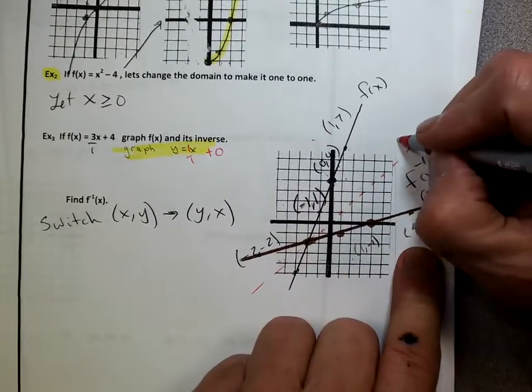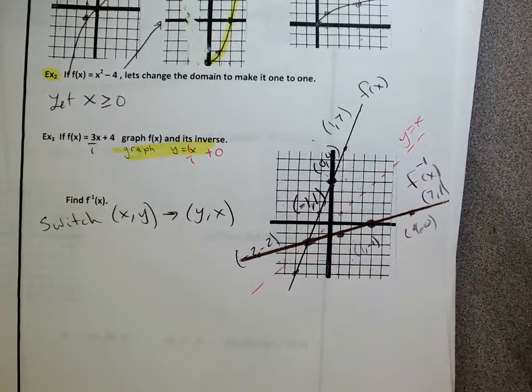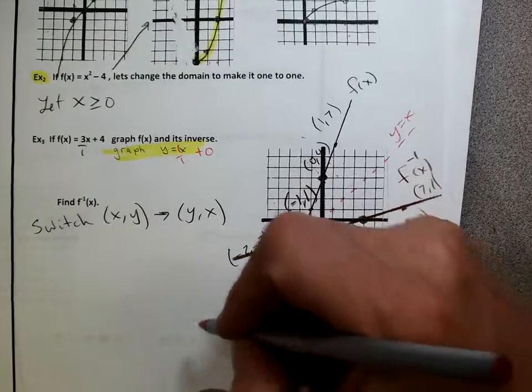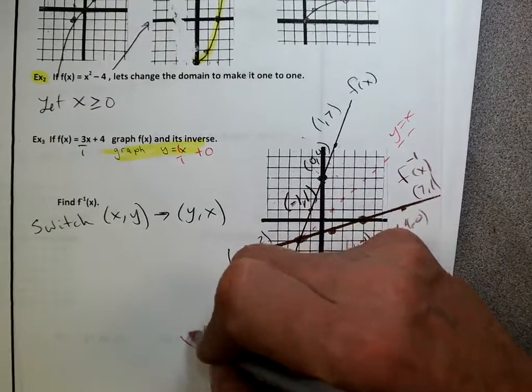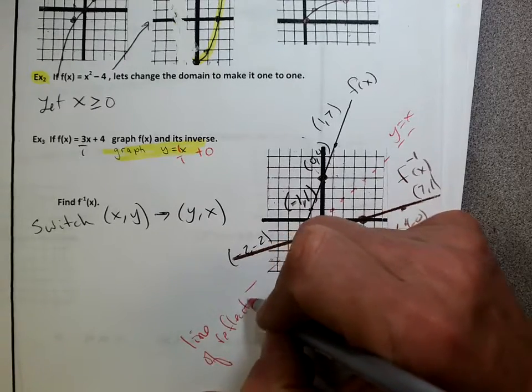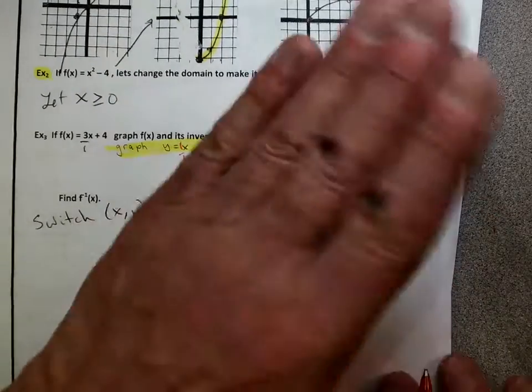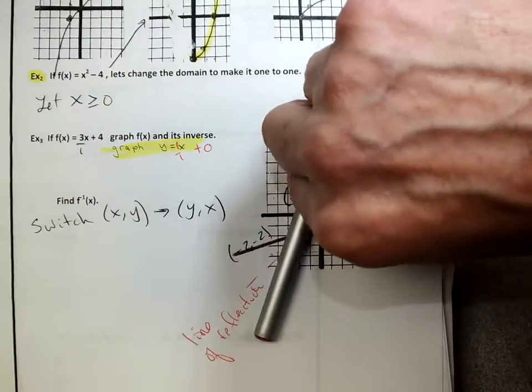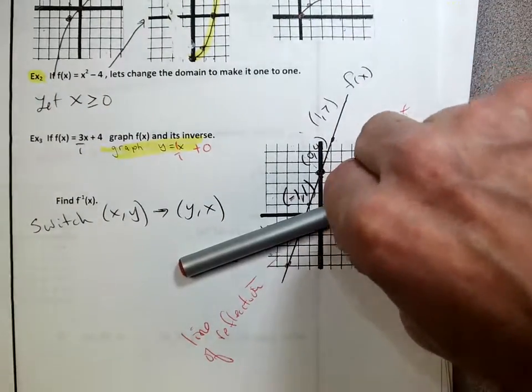So the line y equals x is the line of reflection between the function and its inverse. This is my line of reflection, meaning if I were to fold the function over this line, it goes onto its inverse.